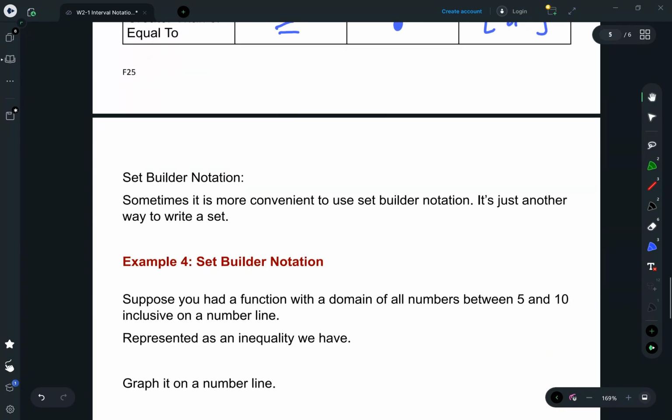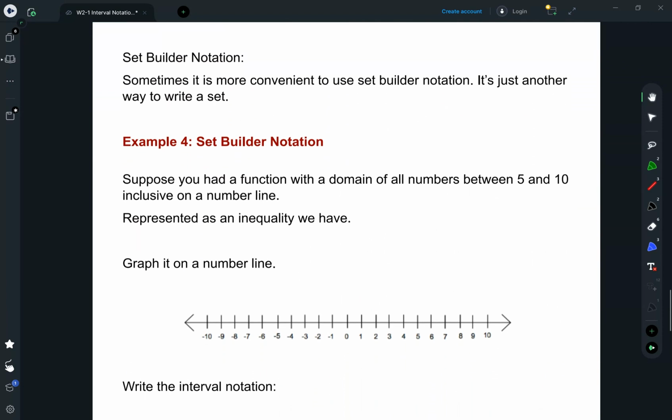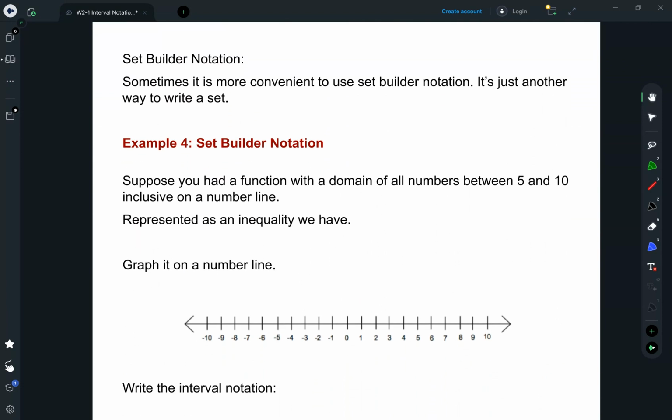Let's talk a little bit about set builder notation. Set builder notation isn't as commonly used as interval notation, but it is something that is easy to learn and something that you should know how to do. So let's go through an example, and I'll show you how to use set builder notation. Let's suppose you had a function with a domain of all numbers between 5 and 10, inclusive on the number line.